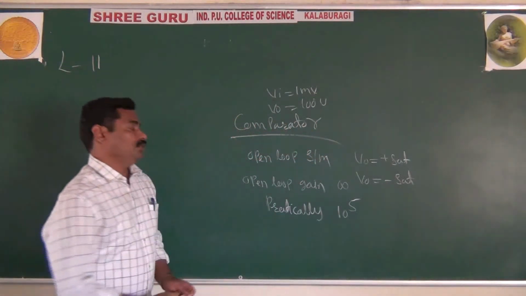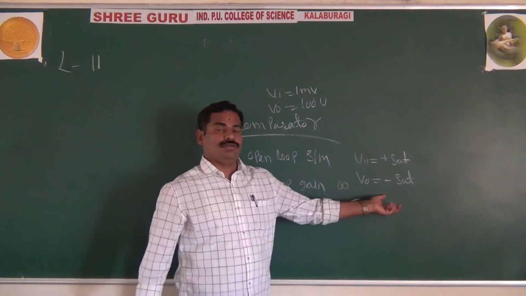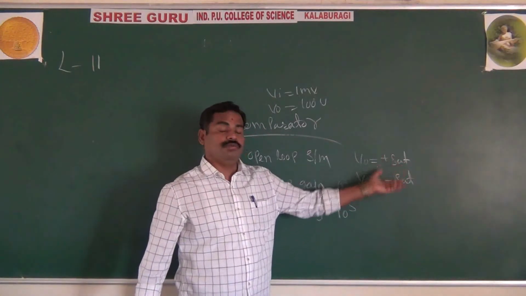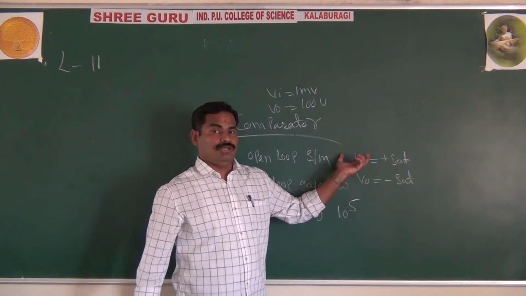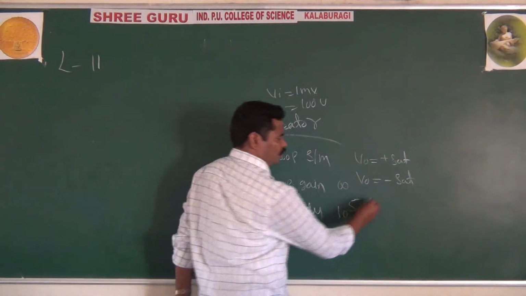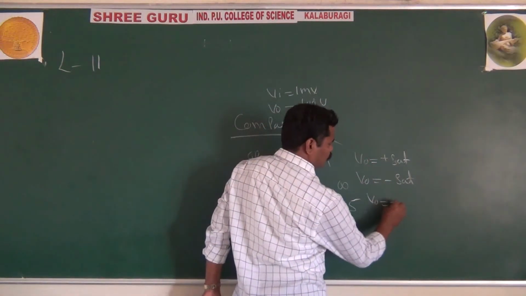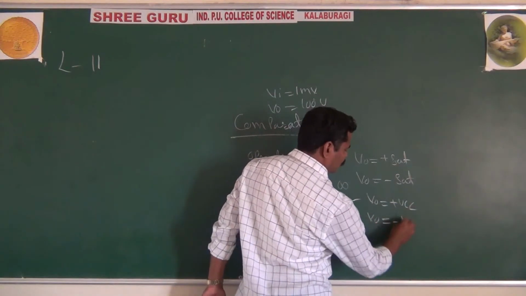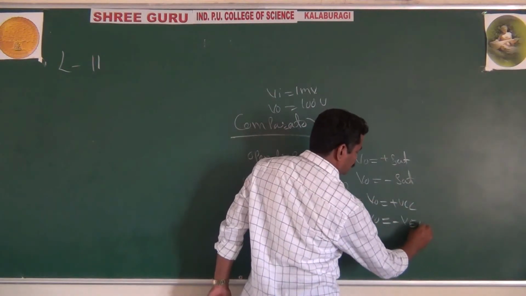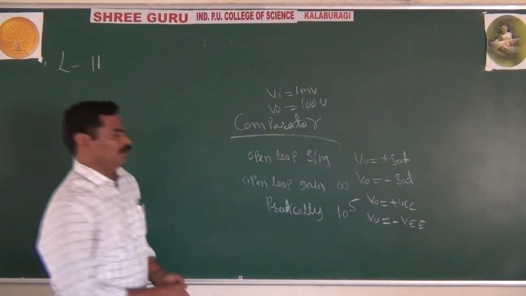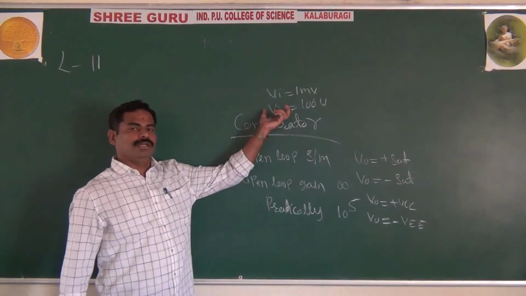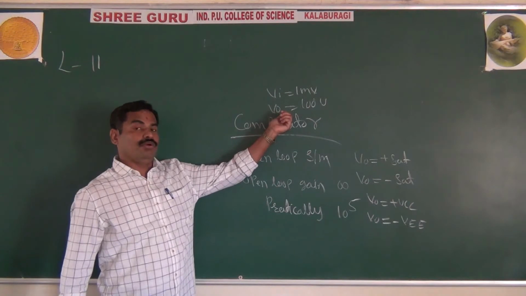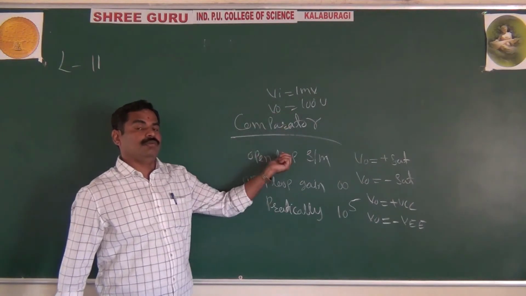Always the output should be in the range of positive to negative saturation. It means your output should not be more than the biasing voltage, or you can write V0 equal to plus VCC or V0 equal to minus VEE. That is the condition. Because of the open loop gain we may get a larger output voltage, but it is practically not possible.